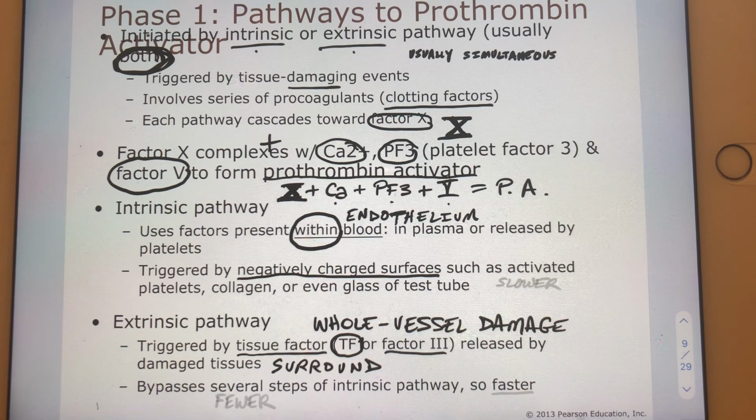The extrinsic pathway has fewer steps, and is therefore the faster mechanism. The intrinsic pathway is more involved. There are more steps, and so it's the slower pathway. All right, so let's look at how the book lays this out.